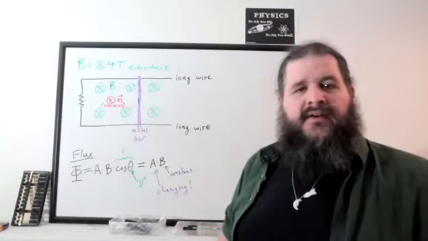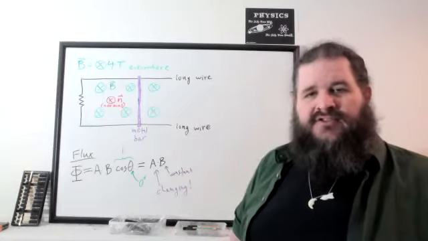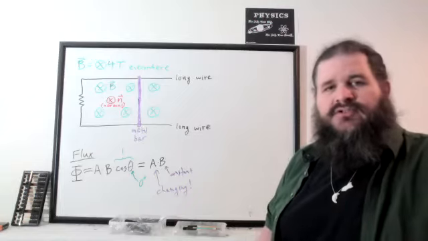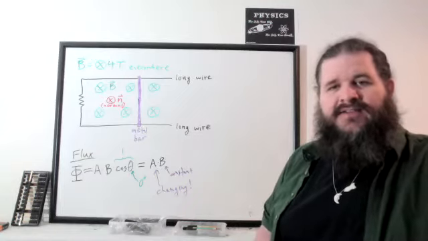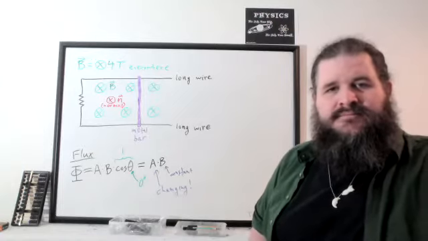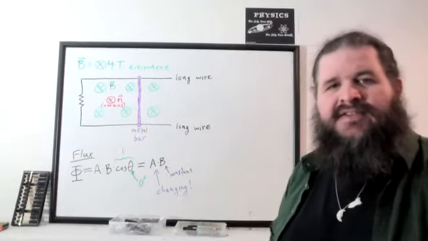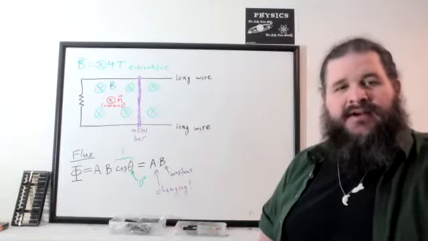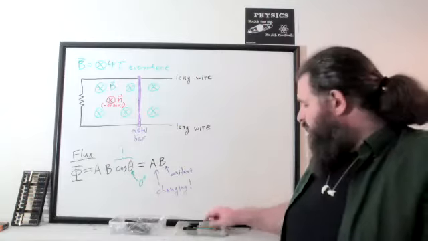And so the fact that the area is changing means that the flux is changing, and changing flux means what's going to happen? What should we expect if the flux is changing as time passes? Yeah, we're going to get voltage. We get this extra voltage boost, almost like there's a tiny invisible battery in the circuit, because the flux is changing.